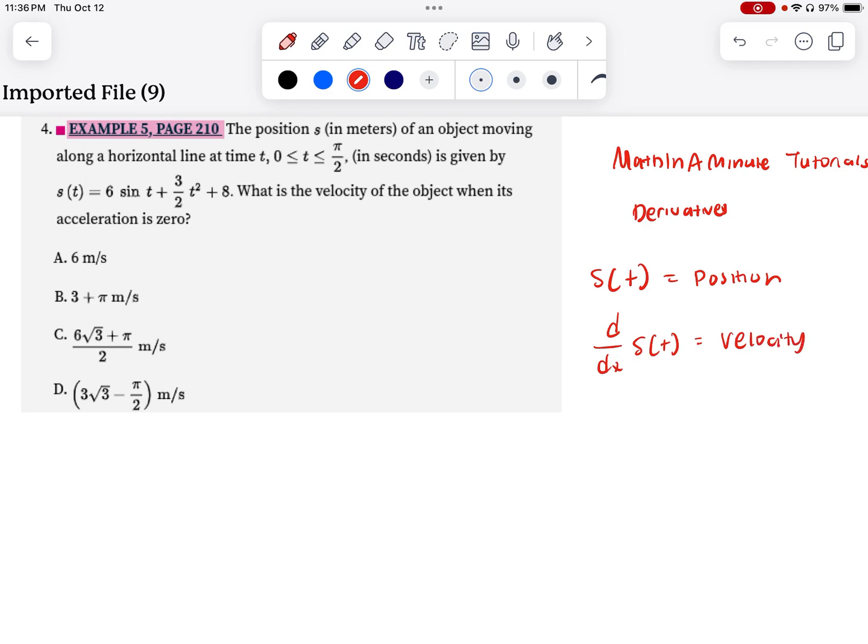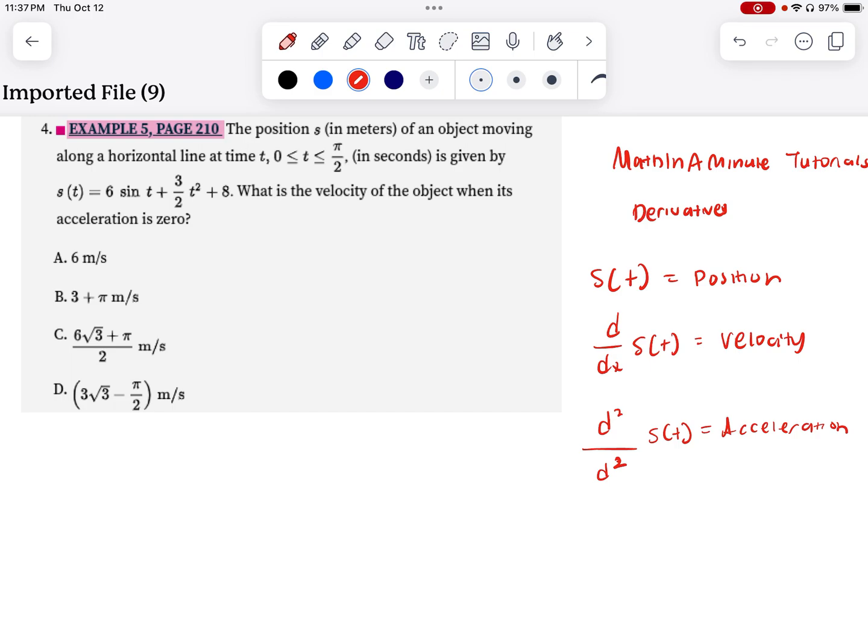So simple enough. And the next thing you need to know is that the second derivative of this function yields the acceleration. So using this, we can solve for this question.